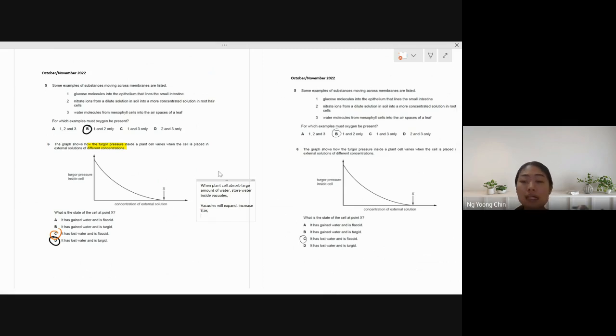So Adam, Suyang, let me ask you, for this particular plant cell which gets a lot of water, will its turgor pressure be increasing or decreasing? If you are the plant cell and you get a lot of water, will your turgor pressure be increasing or decreasing?